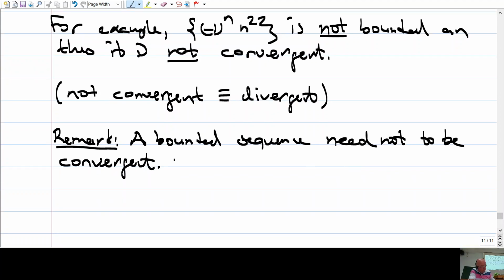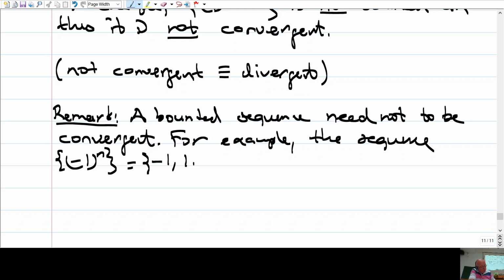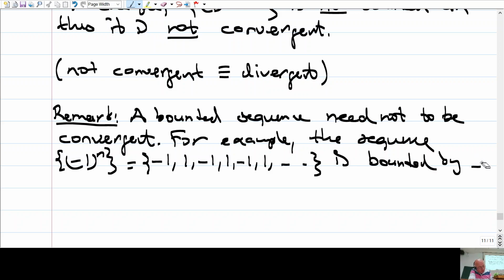For example, the sequence (-1)^n, which is -1, 1, -1, 1, -1, 1, is bounded by 1, but it is not convergent.